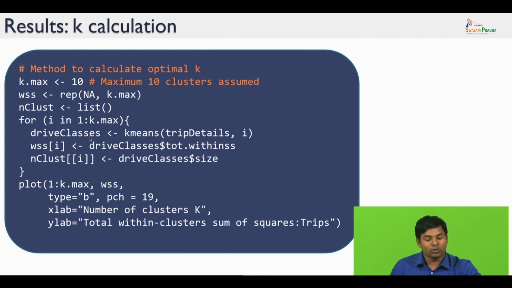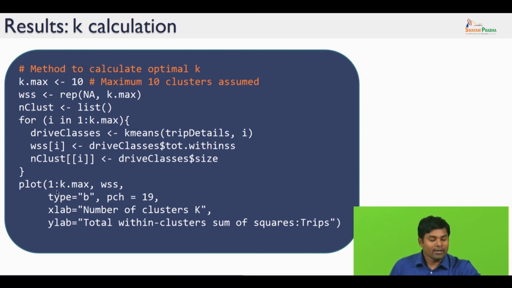The objects are stored into this drive classes, and from drive classes the total within sum of squares distance is assigned to WSS of i, and the size of the cluster is assigned into the components of the list which you have created. So once this for loop gets executed, you will get a vector of the within sum of squares errors and a list of the number of clusters.